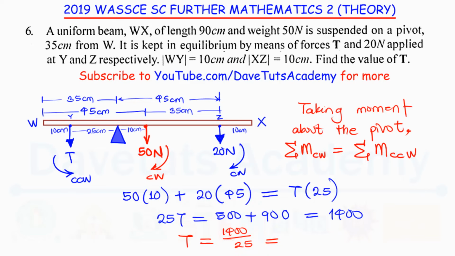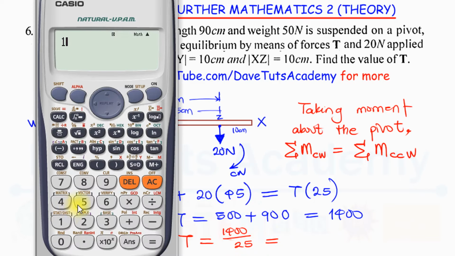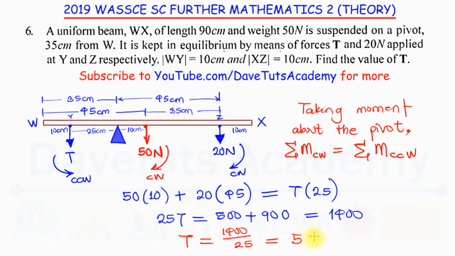So 1400 divided by 25 is going to give 56 newtons. So T is nothing but 56 newtons, and we have been able to get that because we are able to interpret our question appropriately and find the distance from each of the active points to the pivot, and then we take moment about the pivot and we're able to get the value of force T to be 56 newtons.